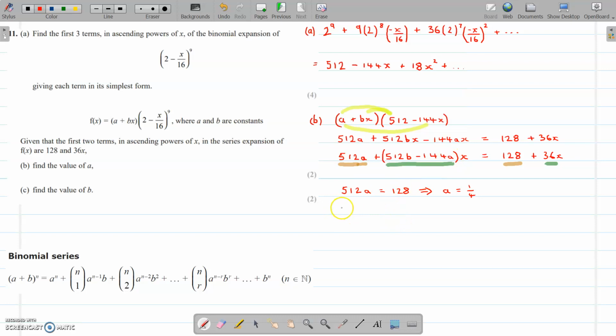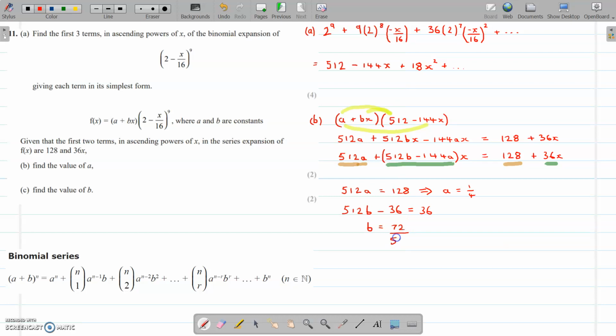Now I know that, I can substitute that in for a here. So I can say that 512b minus a quarter of 144, which is 36, must equal 36. Add 36 to both sides and divide by 512. b would equal 72 over 512.